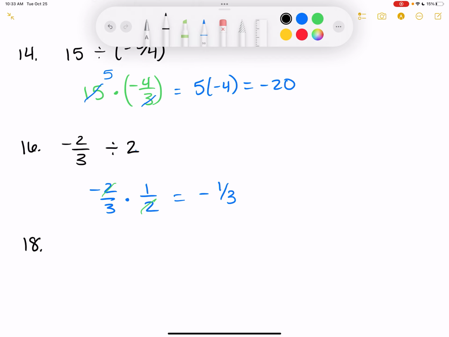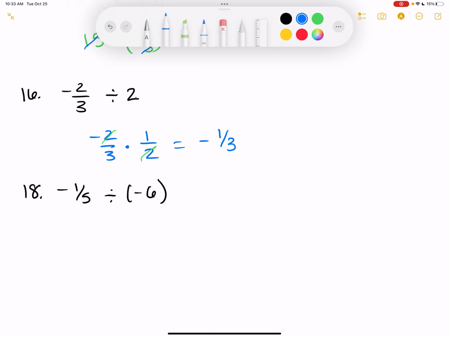Number 18, negative 1 over 5 divided by negative 6. So what would I do with this one? You would make negative 6 into negative 1 over 6. Yep. Negative 1 over 5 times negative 1 over 6. Now what? Is there anything that can cancel?